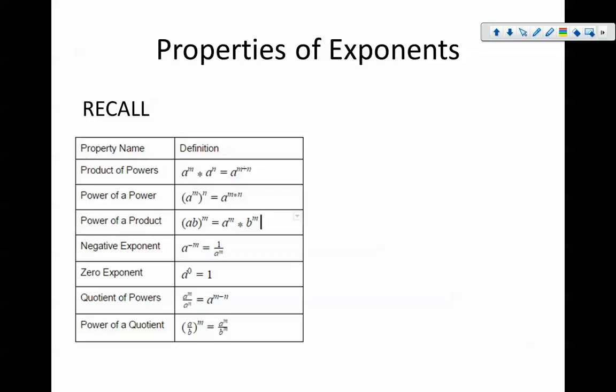A zero exponent is always equal to 1. When we divide variables, we subtract the exponents. And for a quotient with a power on the outside, we're not distributing, but both of the variables or numbers on the inside of those parentheses get the power.